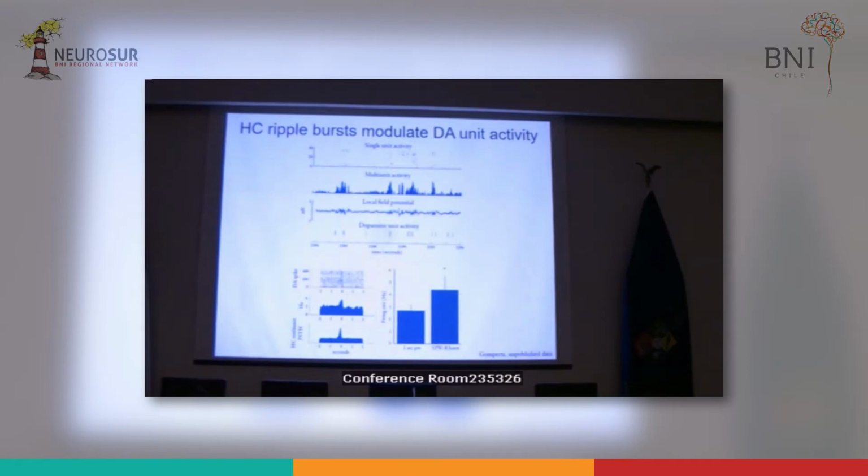What happens, not during running the task, but when animals stop? So when animals stop, we look at hippocampal reactivation and at dopamine units. This is the response of hippocampal neurons around sharp wave ripple events.